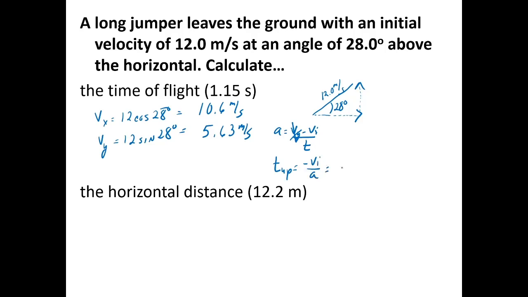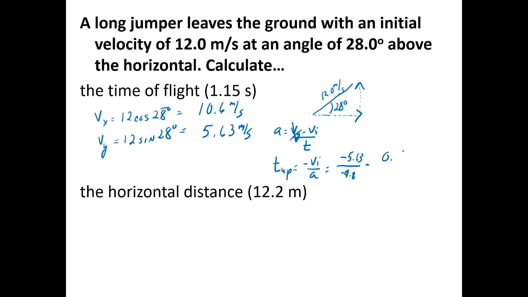Just swap the a and the t there. And the eternal question is, which v? It's the y component. We're thinking about up, and something going up is the y direction. So divide that by 9.8, and we get 0.575.